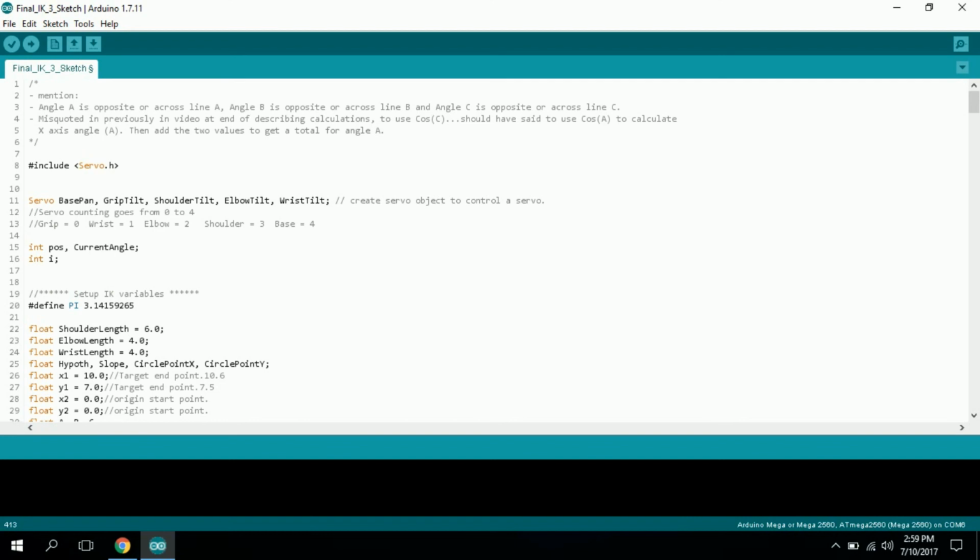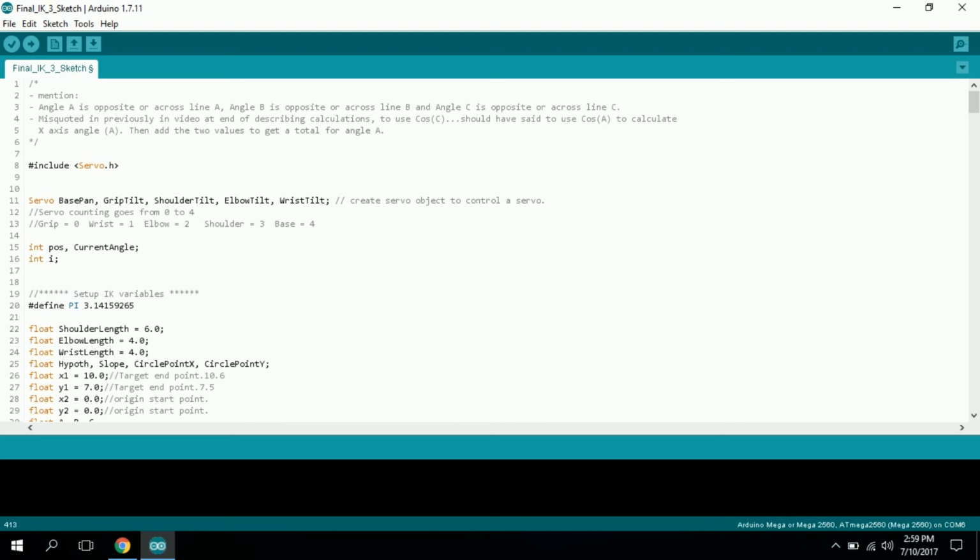So I hope this helps you and provides some sort of solution for your inverse kinematics calculations. I'm not 100% sure, to be honest, that this is officially the best way to do it. I know a lot of websites use tangents.